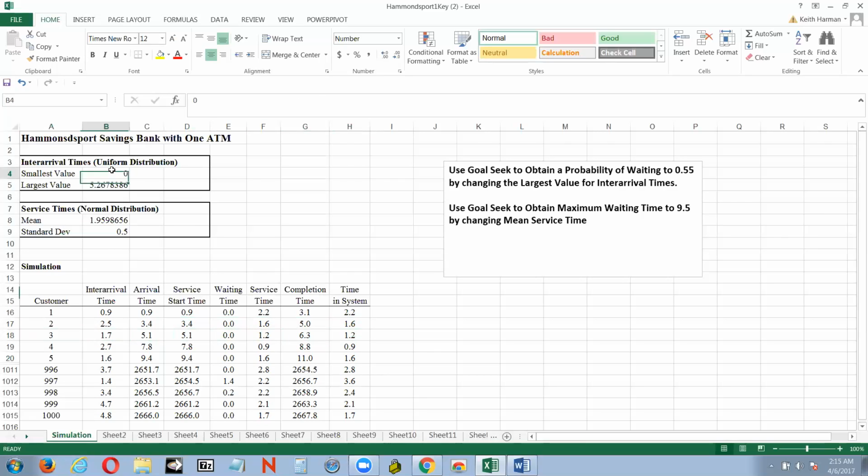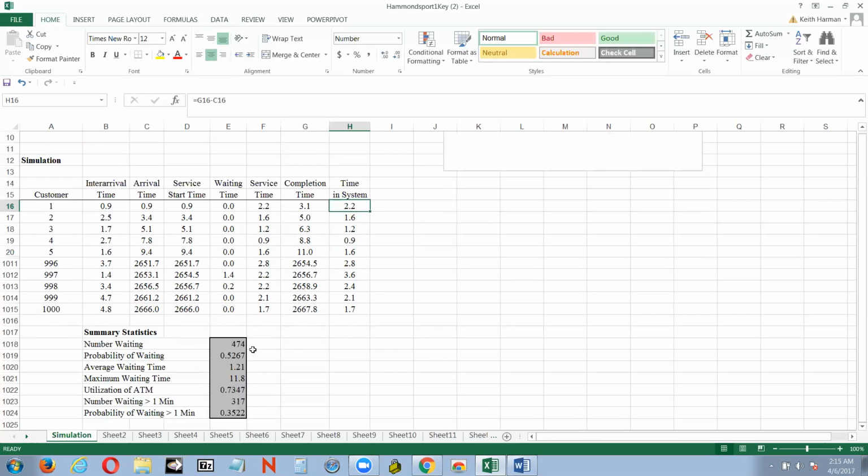Up here at the top, we see the smallest value for an inter-arrival time, the largest value, and then the mean and the standard deviation. As we scroll down, we're going to see some summary statistics. We see the number of people waiting, and we count that using COUNTIF, E116 to E105.